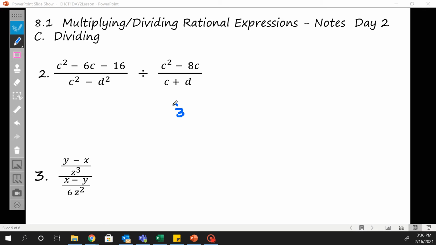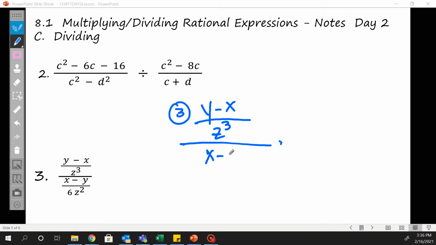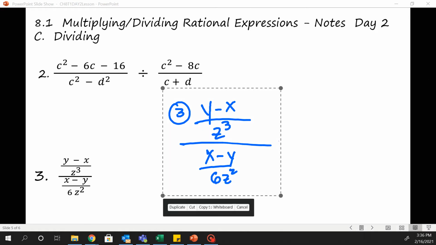Number 3 is tricky. So we got y minus x over z cubed divided by x minus y over 6z squared. Okay, so really the tricky part of number 3 is the way that it's written.